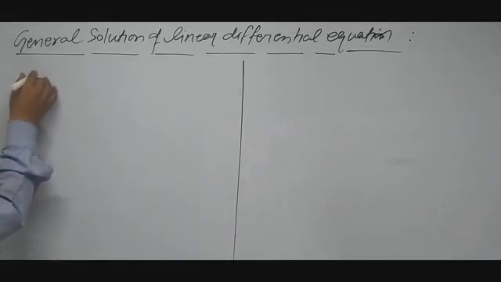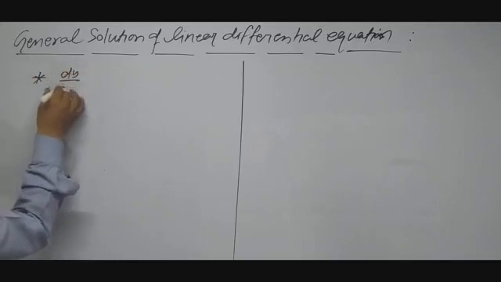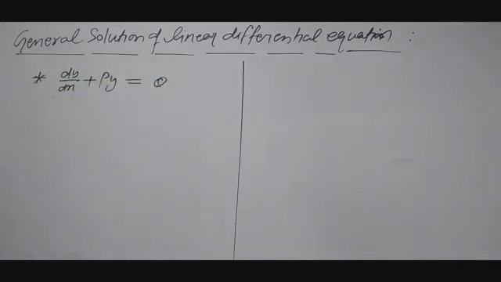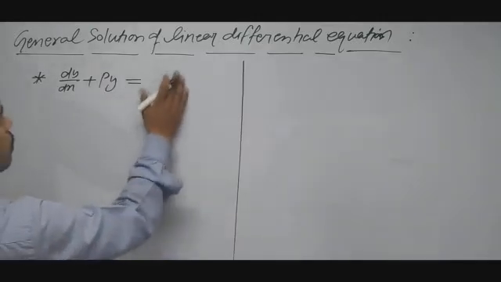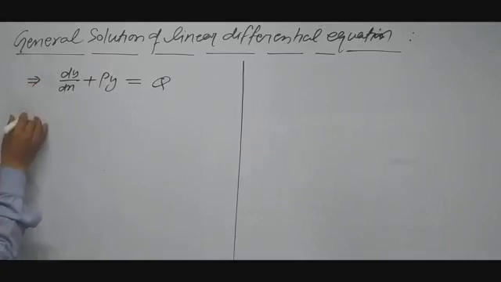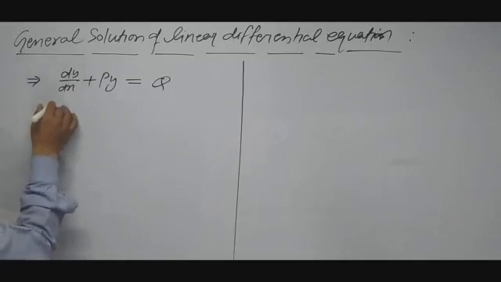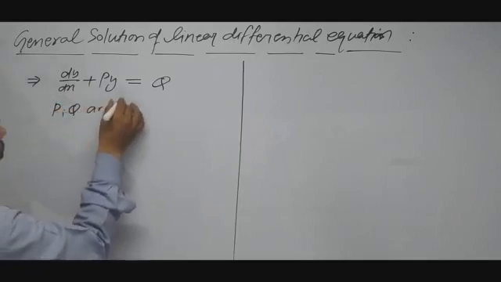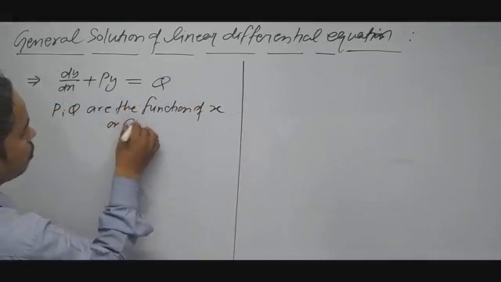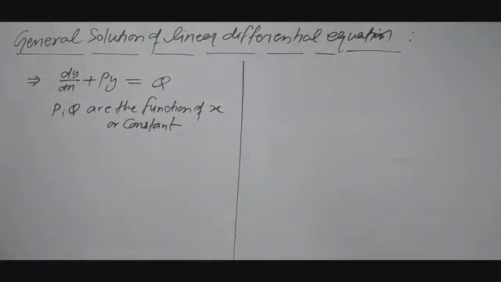For the differential equation dy by dx plus Py is equal to Q, this is the first step. And in the second step, where P and Q are functions of x or constants, to solve this type of differential equation you have to find the integrating factor.